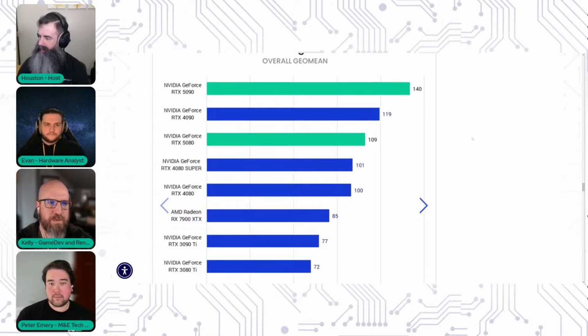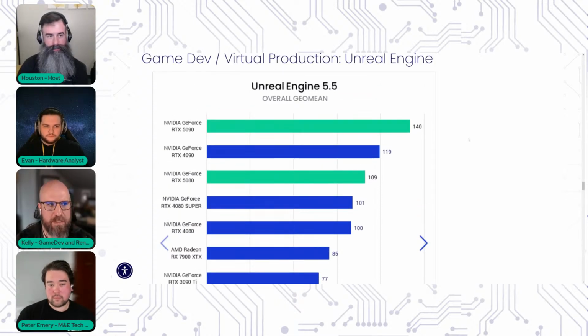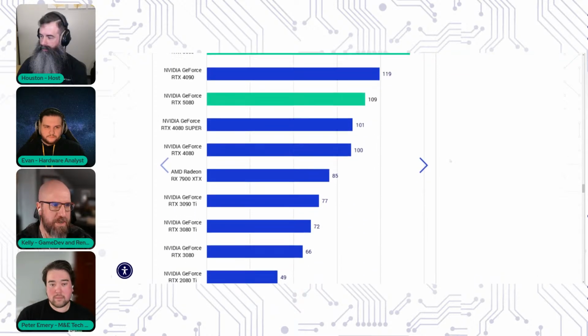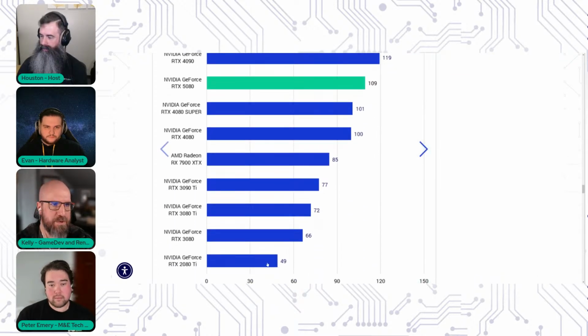Yeah. We would have hoped for a much bigger gain, like we had seen in previous generations. Like from the 3090 to the 4090 was a massive jump. From the 4090 to 5090 is not quite so big. Oh yeah, that's huge. The 3080 to the 4080 was also a big jump, and the 4080 to 5080 is not a big jump.